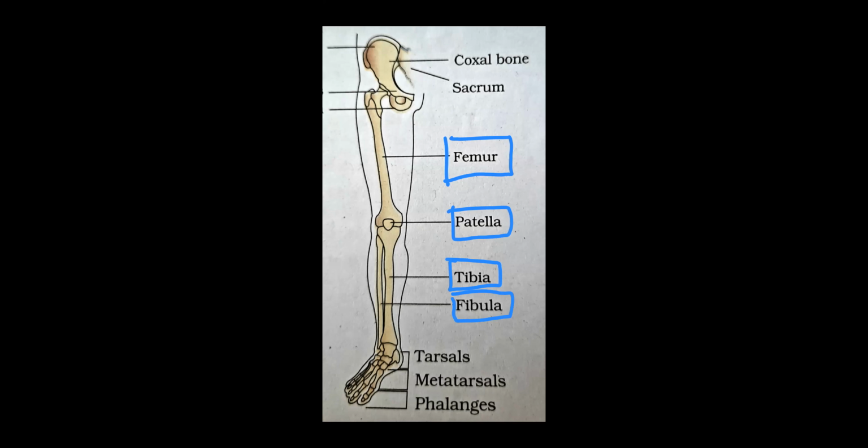If somebody asks you which bones constitute the knee joint, you should write down femur, patella and tibia. Patella is a very small bone in the knee joint position. It is called kneecap also. That was about the femur, patella, tibia, fibula.